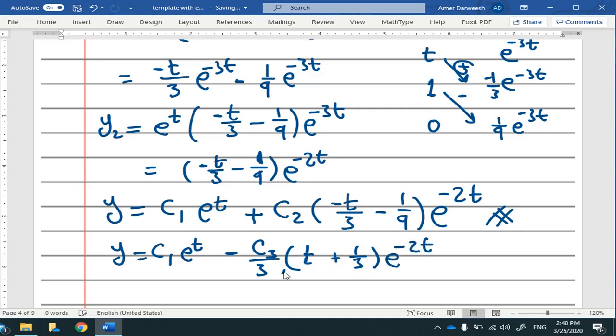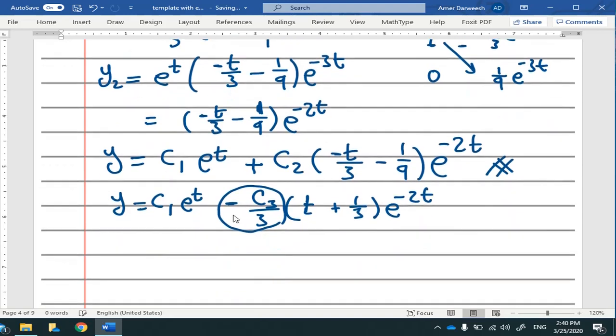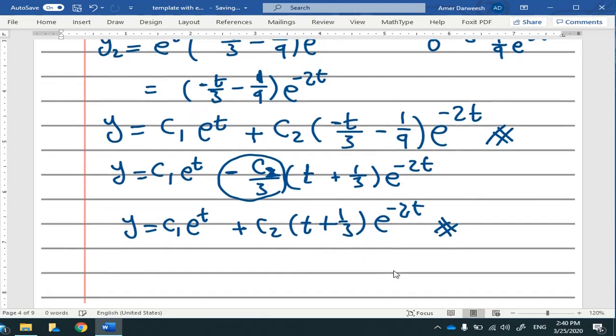So now here I'm going to call all of this a new constant. I will keep calling it c2, so I can write the general solution of the form c1 e to the t plus c2 times (t plus 1/3) e to the minus 2t. So you can factor out any constant from y1 or y2. So here's the final answer.